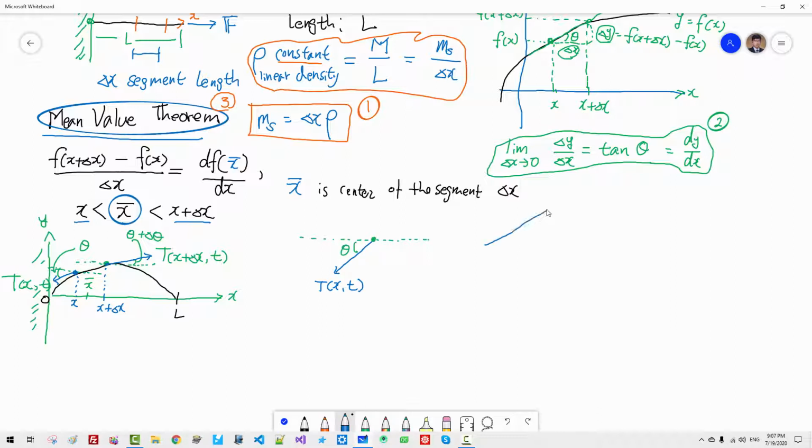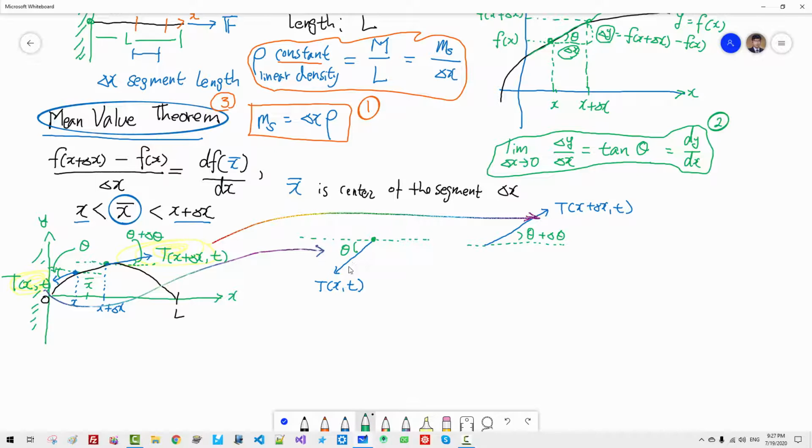When a vector T at x plus delta x, t, this is the horizontal line. This angle is theta plus delta theta. This T is this T.